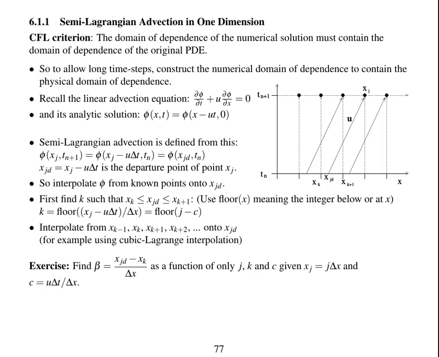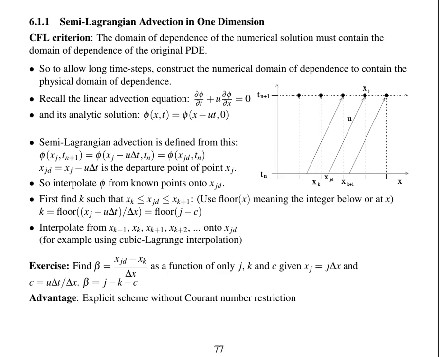So try to find an equation for beta in terms of j, k, and c, given that xj is equal to j delta x and that c is equal to u delta t over delta x. Pause, see if you can work out that formula for beta, and I will show it now. Beta should be equal to j minus k minus c.